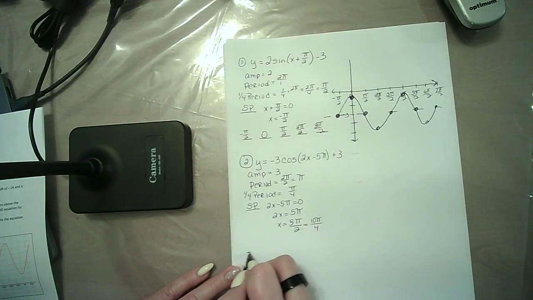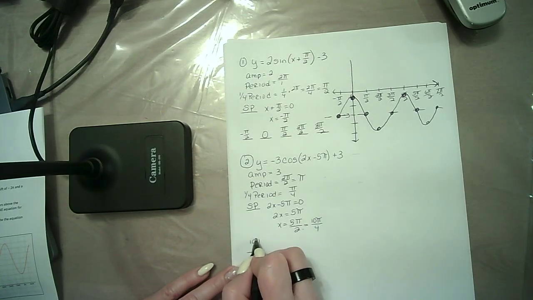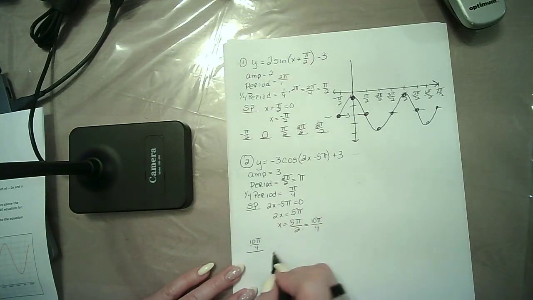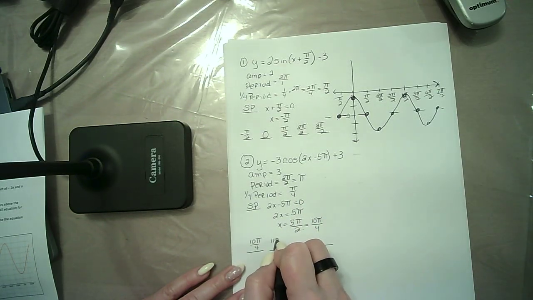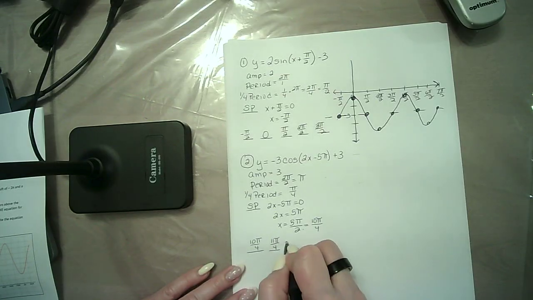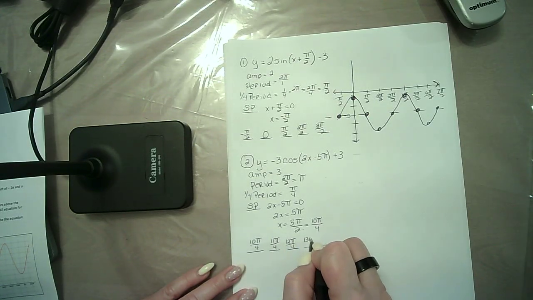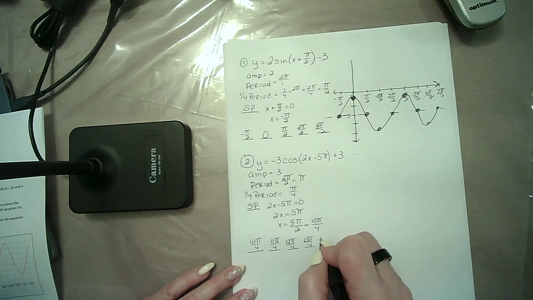So I'm going to start at 10 pi over 4, and I'm going to add 1/4. 1, 2, 3, 4. So 11 pi over 4, I hate writing that. 12 pi over 4, 13 pi over 4, and 14 pi over 4.